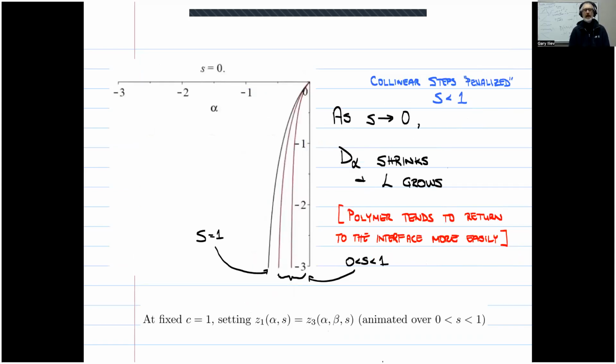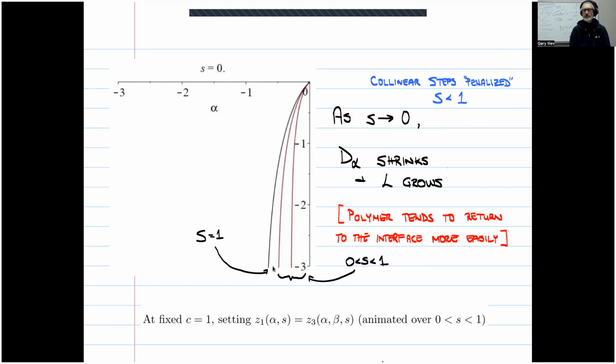All right, what happens if I make S much, much less than 1? So now if S is less than 1, my steps will be penalized. And as S goes to 0, here you can see there again is S equals 1. That's the case where there is no stiffness. In all these cases, C equals 1. Remember, I've turned off the interface interaction.